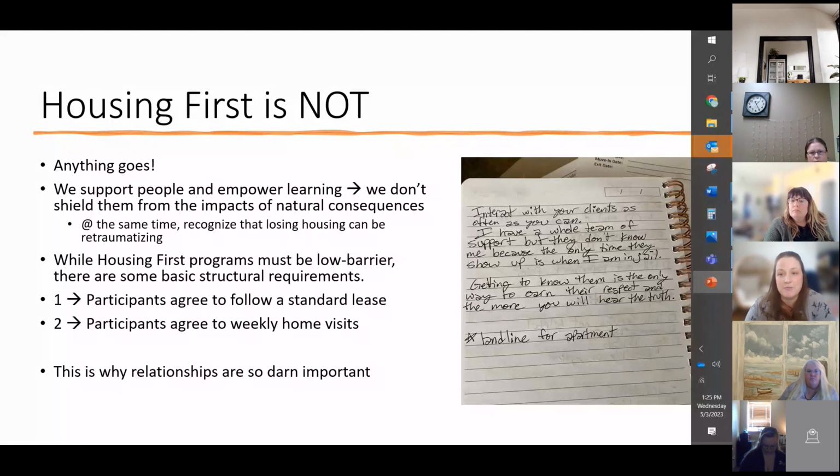She was talking about when she was homeless, but the only time they would come and see her was when she was in jail. She just said getting to know your participants is the only way to earn their respect, and the more you will hear the truth. They also were working on getting a landline for her apartment, I think. So just the wisdom that we get from the people we have the privilege of serving is incredible.